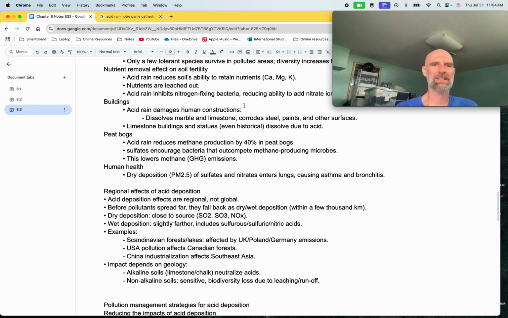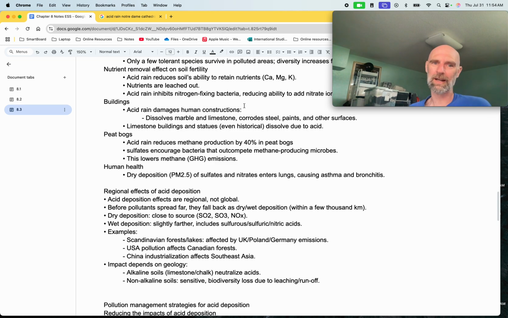Peat bogs. Acid rain reduces methane production by 90% in peat bogs. Okay, so not all bad for acid rain. When they give you lemons, make lemonade, and hopefully the acid rain isn't on the acid level of lemonade. Sulfates encourage bacteria that outcompete methane-producing microbes. Oh, okay. This lowers methane greenhouse gas emissions.